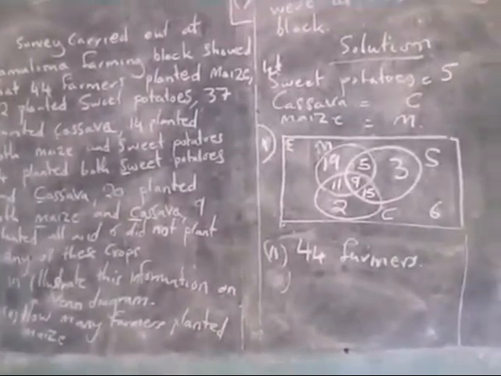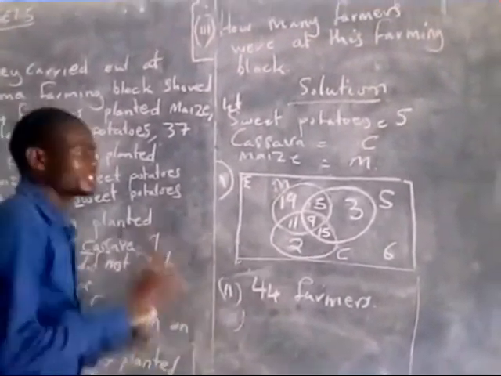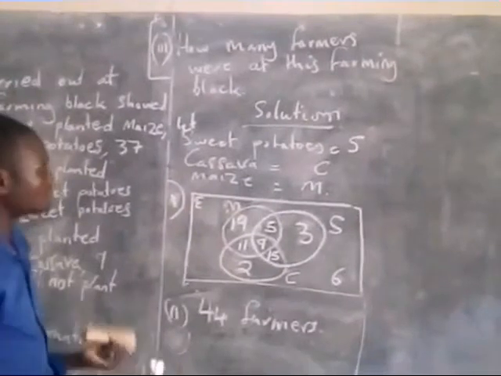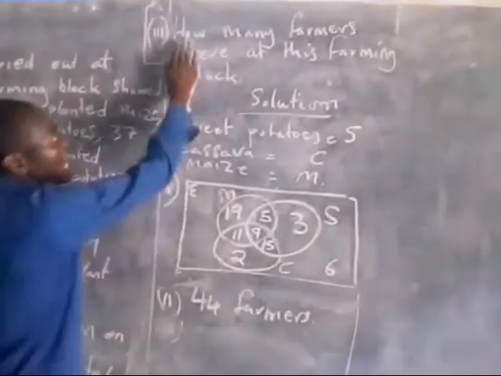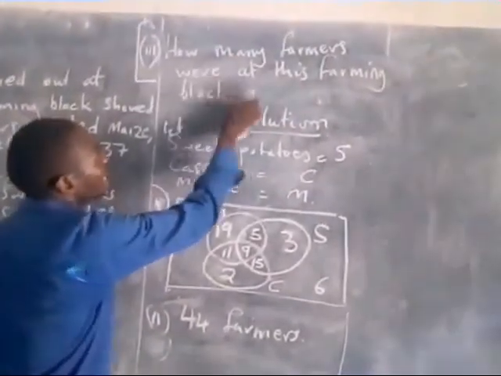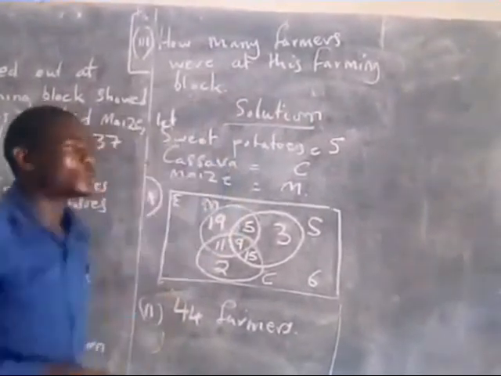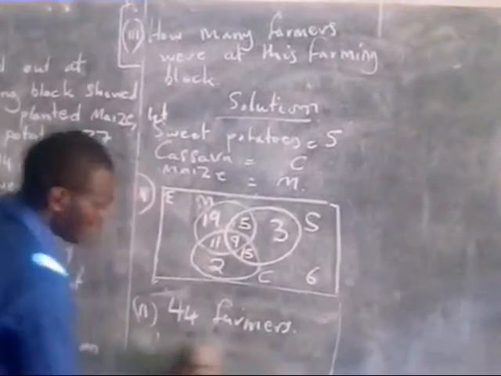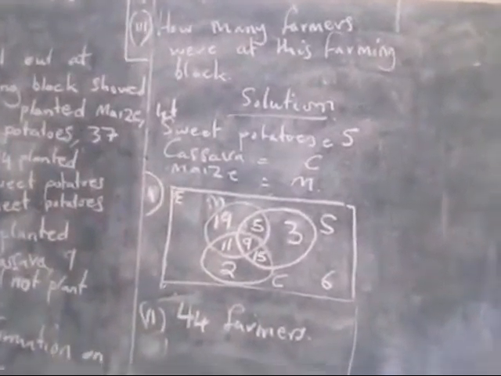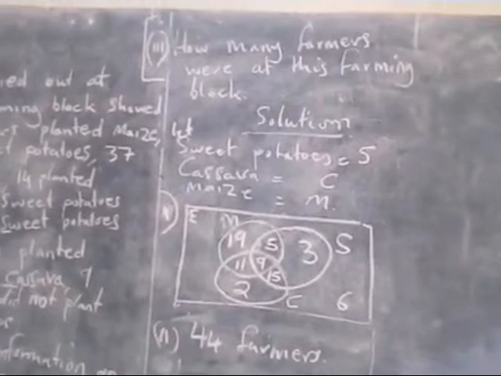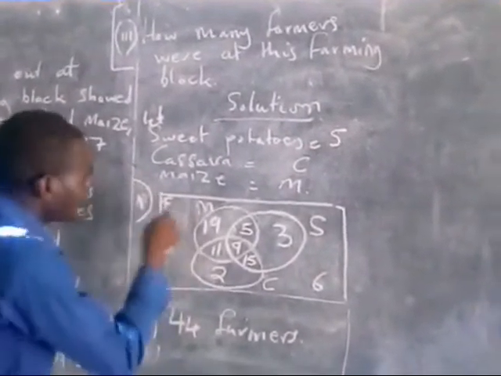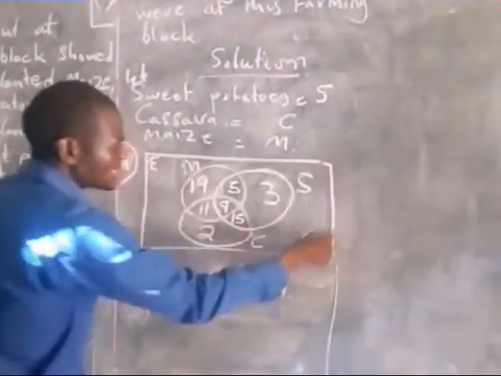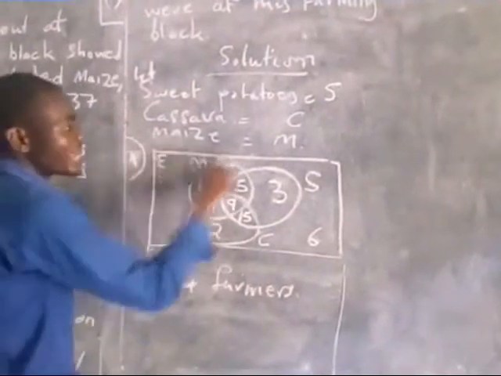Alright, let's come to the last part of this question. How many farmers were at this farming block? So meaning the whole universal set, how many were they?